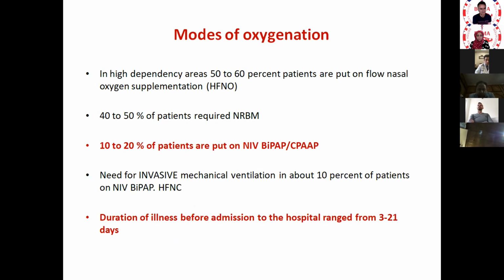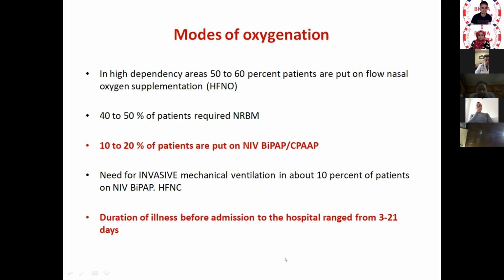Once we are not able to correct their hypoxia on these modes of oxygenation, we switch to non-invasive ventilation, where we put them on either BiPAP or CPAP. Around 5 to 10% of the patients still have refractory hypoxia, and there we have to intubate them, and they do get intubated.